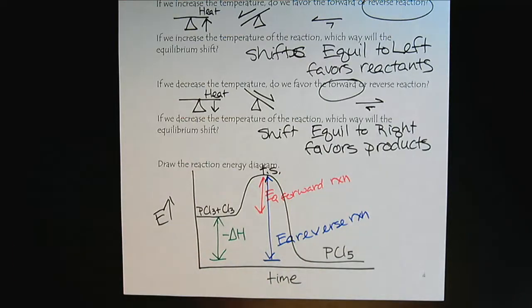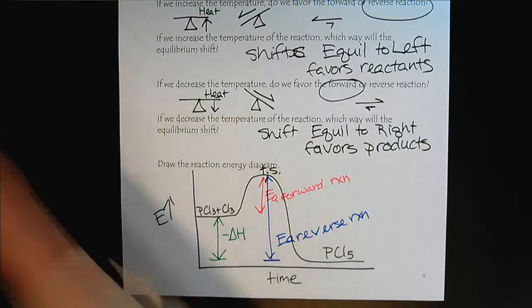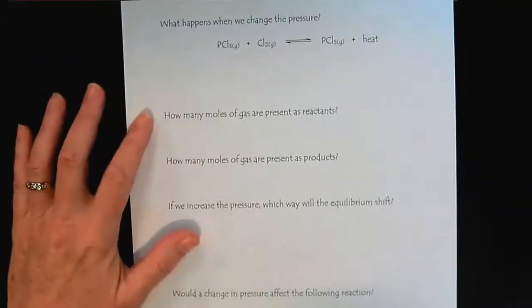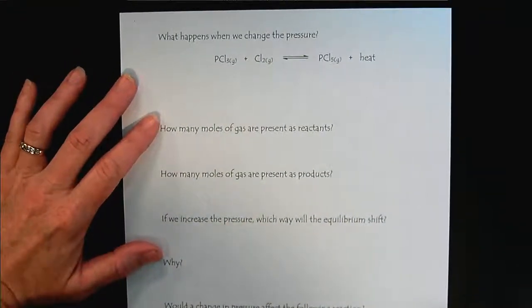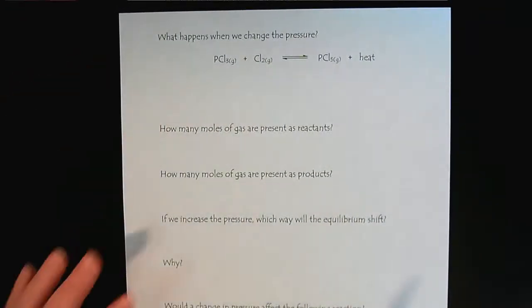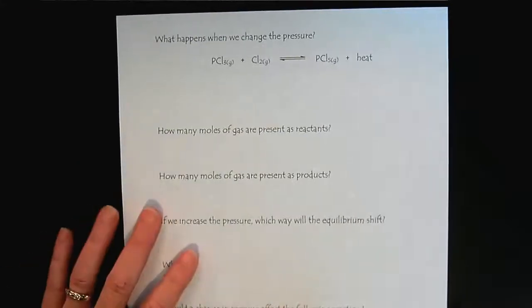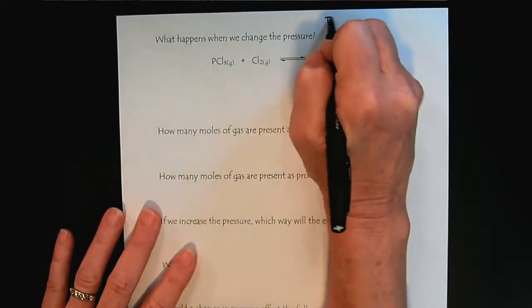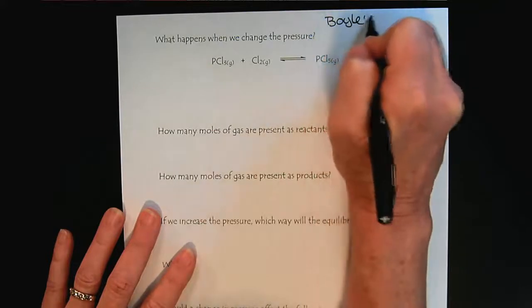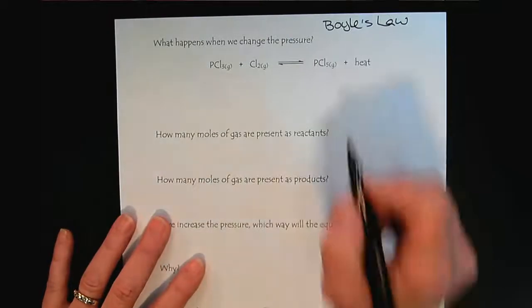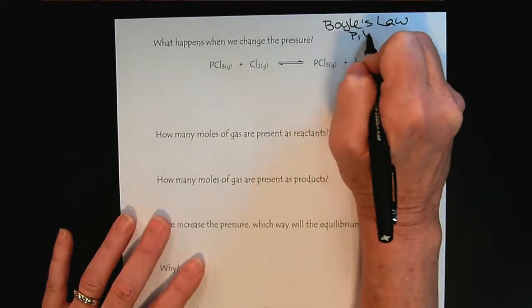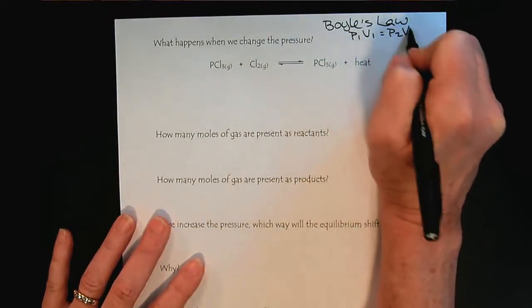And now we will look at the effects of pressure changes on equilibrium. Okay, so to talk about this, we need a little bit of review. What happens when we change the pressure? So we need to look back at Boyle's law from the gas laws. And Boyle's law tells us P1 V1 equals P2 V2.